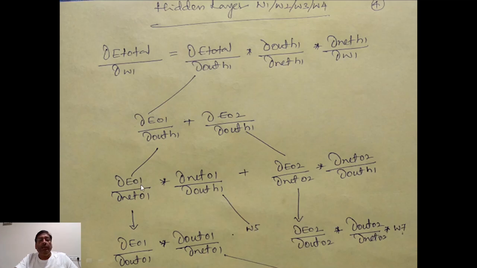Now EO1 with respect to net O1, I can again apply the chain rule and write it as EO1 upon out O1 multiplied by out O1 upon net O1. And the partial derivative of net O1 with respect to out H1, I can just write as W5. Now we need to understand how we are going to write this as W5, net O1 upon out H1.